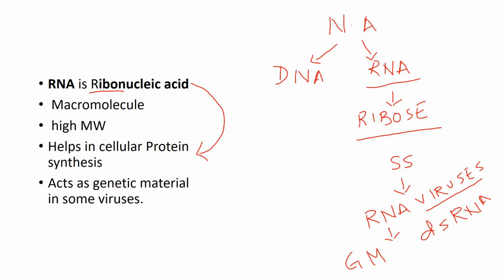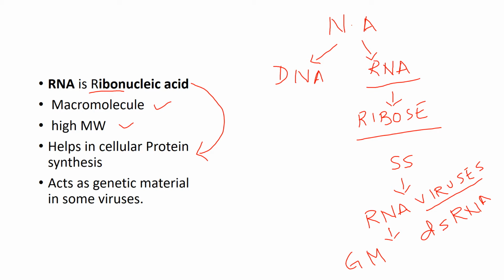This lecture is basically focused upon the basic structure of RNA, which helps in the building of different kinds of RNAs, which show a variety of functions inside the cell. Being a nucleic acid, it is a macromolecule, as DNA was a macromolecule, and therefore RNA also has high molecular weight.